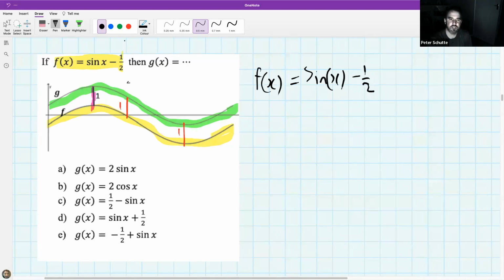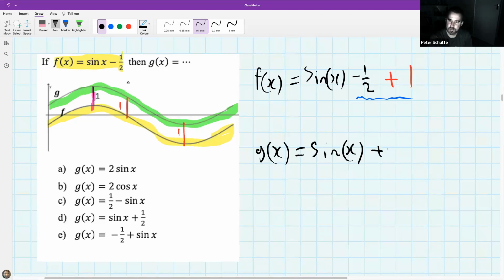But to turn it into the function G, I need to add 1 on the end. But then the question becomes, can't I simplify that? And so we would get that g of x is equal to sine of x plus a half, because minus a half plus 1 is plus a half.